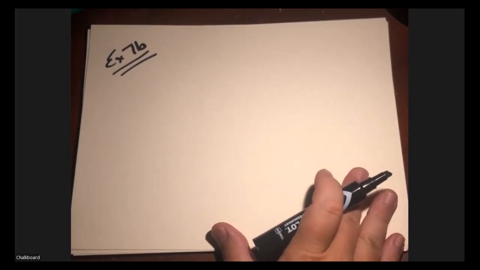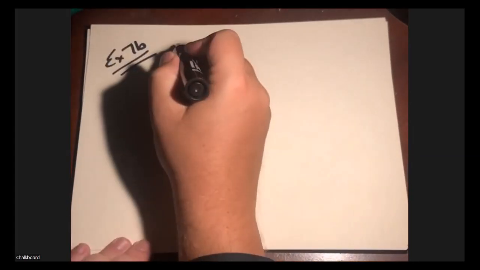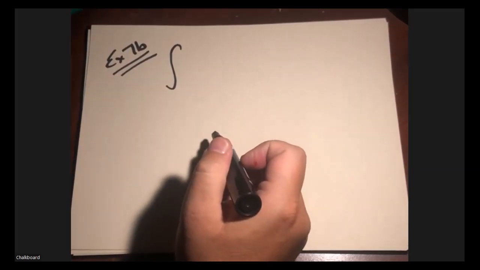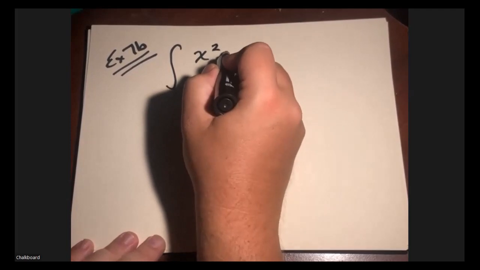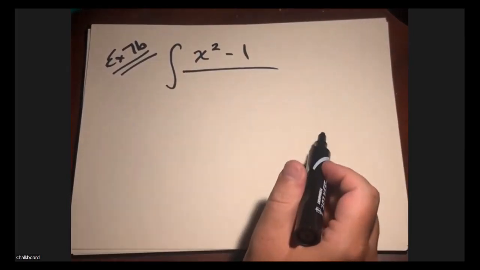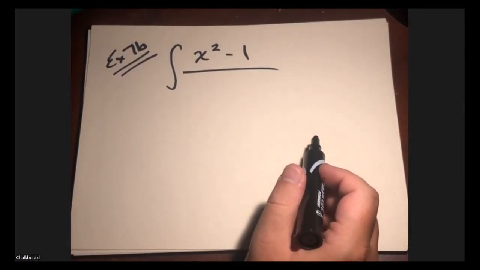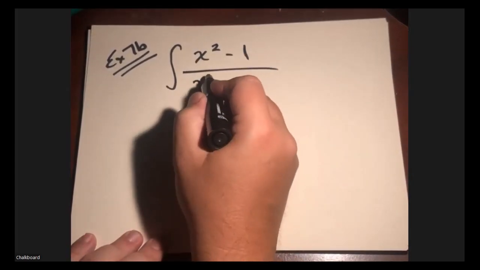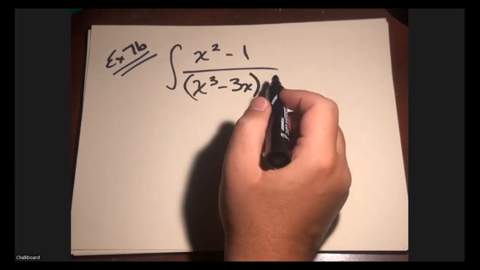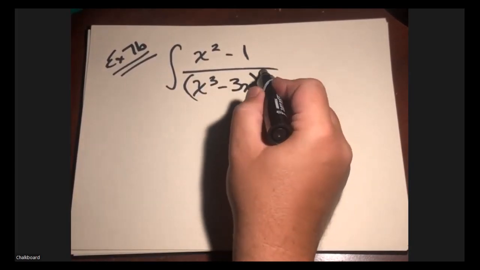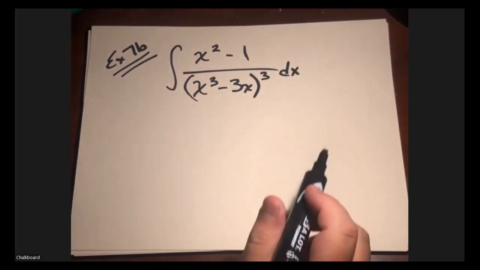Example 7b is the integral of x squared minus 1 over quantity x cubed minus 3x, cubed, dx.